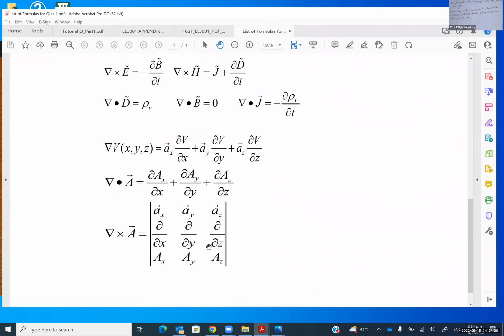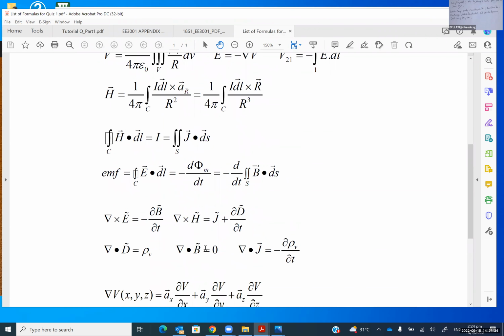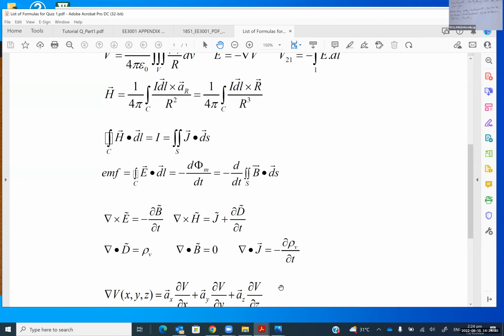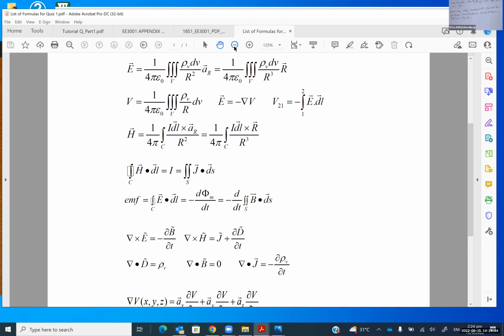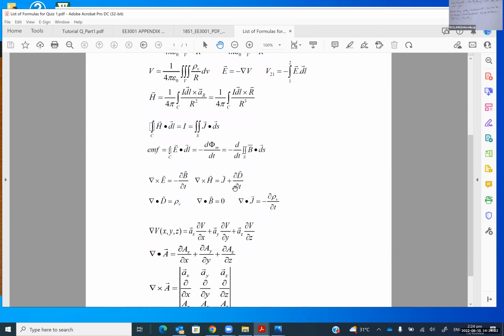I don't see the conduction current equation there. Wait. Now let me decrease the size of it. Oh, this one.